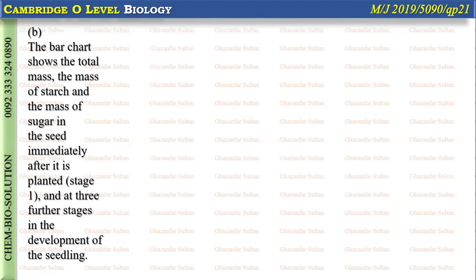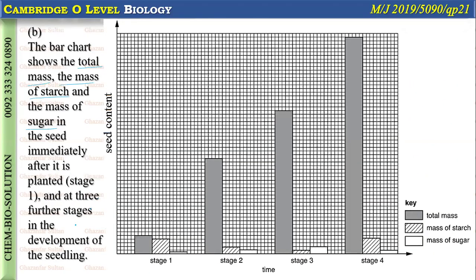Now, here a chart is given. The bar chart shows the total mass, the mass of the starch, and the mass of the sugar in the seed immediately after it is planted, at stage 1 and at 3 further stages in the development of the seedling.